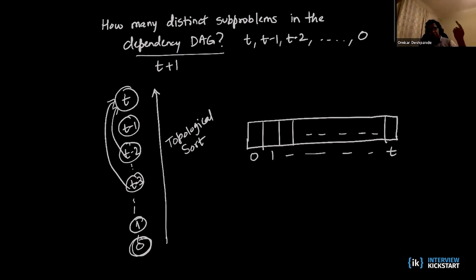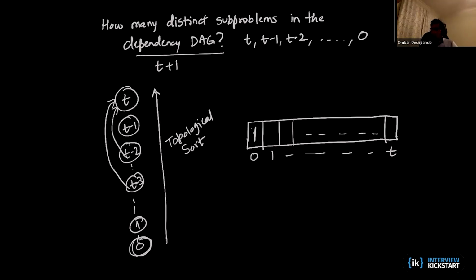There's only one way, which is the empty subset. We exclude every coin. So essentially we have an empty permutation which would create that amount. So we know that table of 0 will be 1.